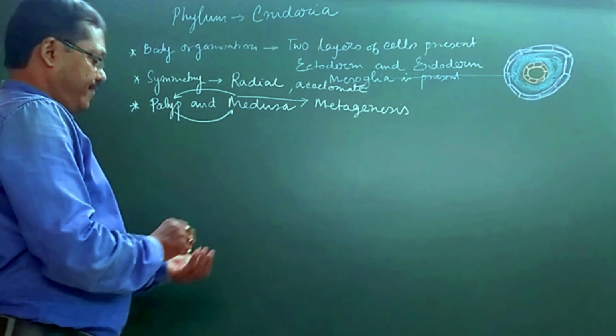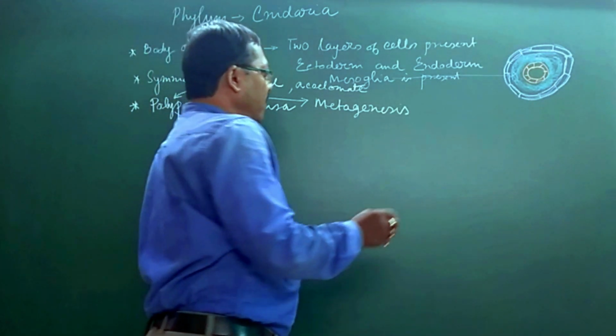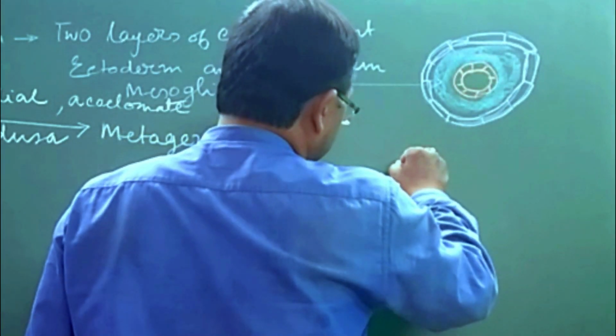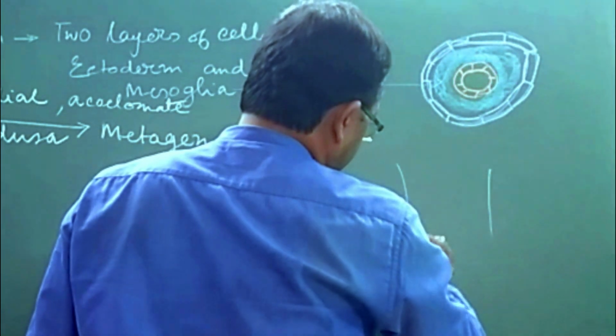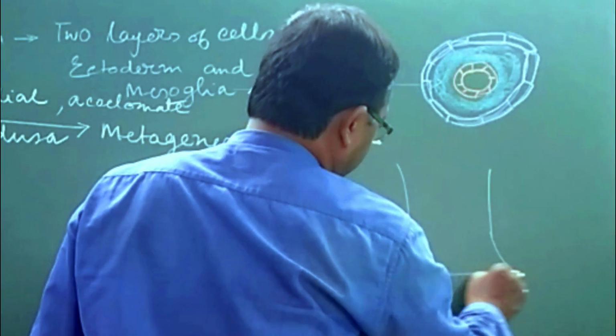What is the polyp? Polyp is this type of structure, a sea anemone.